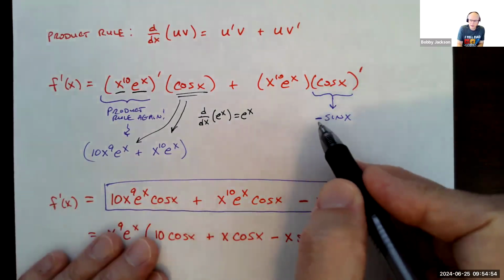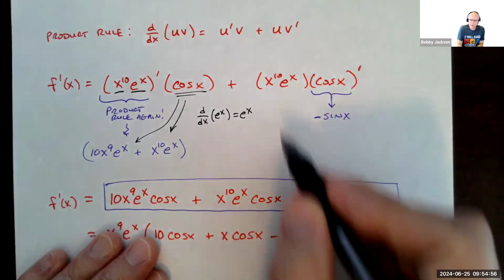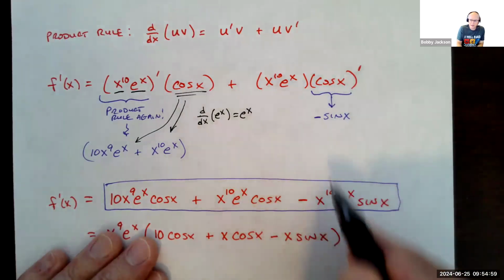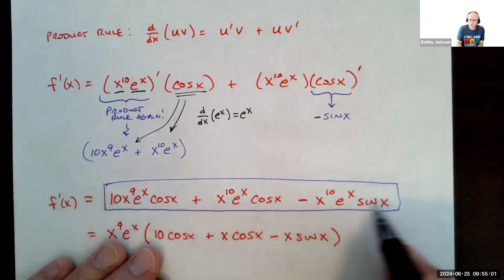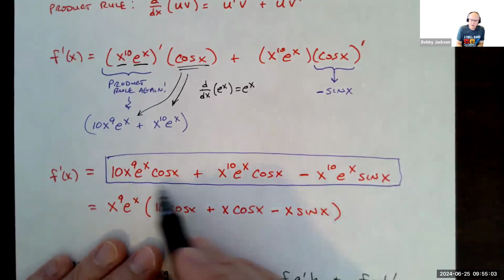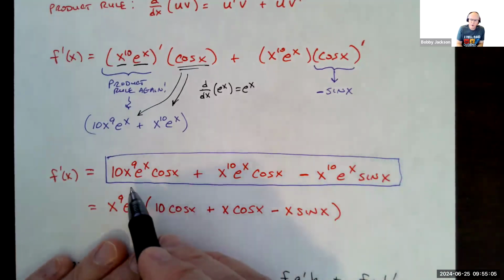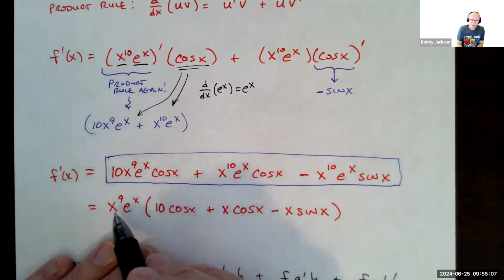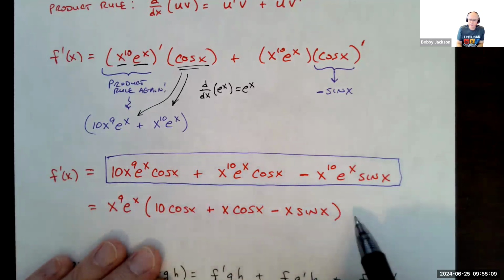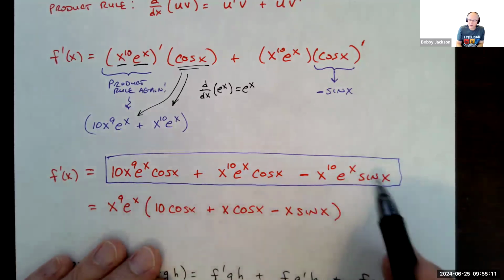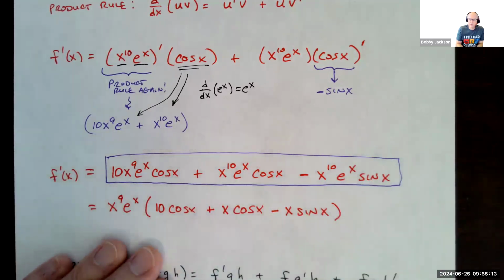And then this negative sign comes out here to be minus x to the 10th e to the x times sine of x. And here's my derivative, which is fine. Answer for me. If you wanted to, you could factor out x to the 9th times e to the x and write it this way. But I think this answer right here in the box is sufficient.